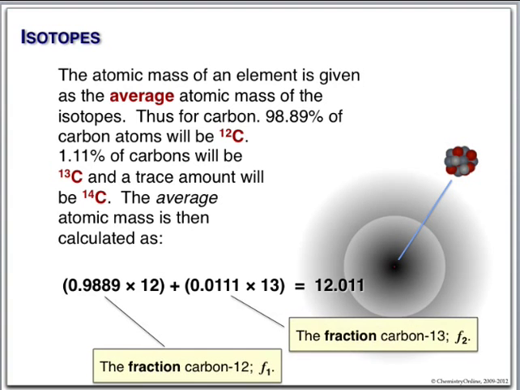We do the calculation like this. This is the fraction, so 98% is 0.98. 12 is the mass. And we're adding to that our 1%, 13. Carbon-14 is so small we don't even bother. If you do this very simple math, you get an average mass of 12.01.